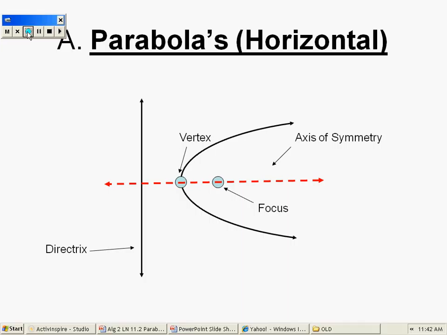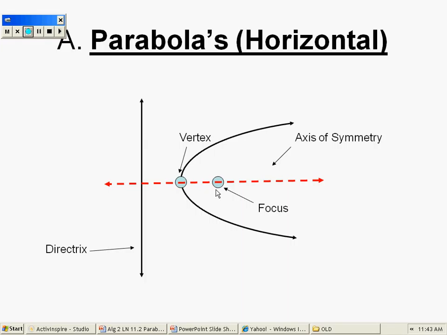Now, I want you to notice something that's been the same on each of these slides. There have probably been a few things that have been the same, but I want to draw your attention to something in particular: the location of the focus, vertex, and directrix in relation to each other. Regardless of which way this parabola is going, the vertex is always located between the directrix and the focus.